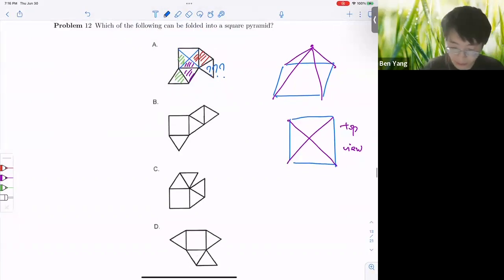Let's look at B. Again, let's do some coloring here. Red, red, purple, purple. If we fold this one up, then this triangle will go here. So green, green.